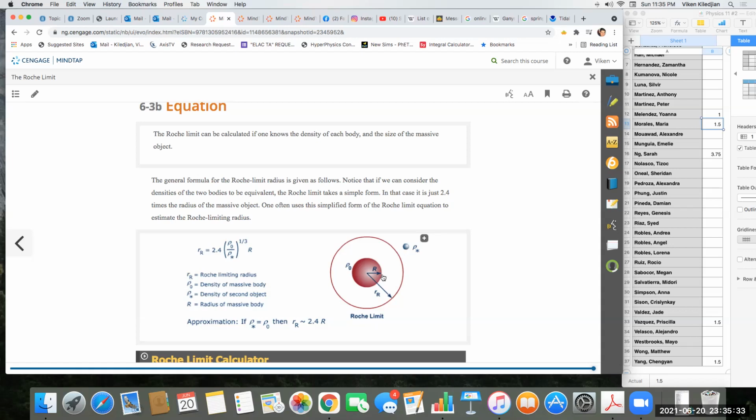The denser this guy is, you could get closer to it. If this planet is dense, it's dangerous. And if the moon is not dense, it's dangerous for the moon. But if the planet is not dense, then the moon can come closer. You see?